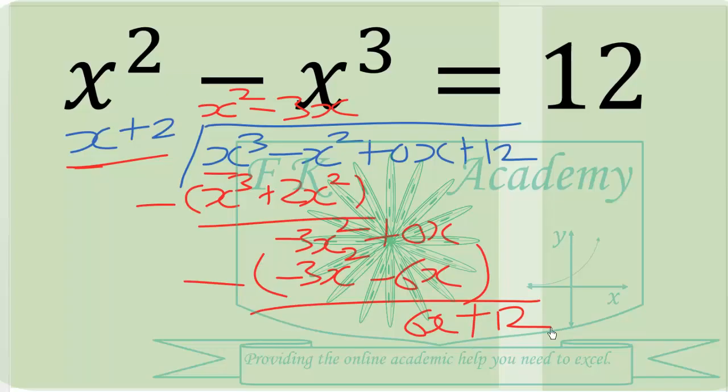We drop the 12. We divide to get 6. So 6x divided by x will give us 6. Then we multiply again to get 6x plus 12. When we subtract, we get 0 here.